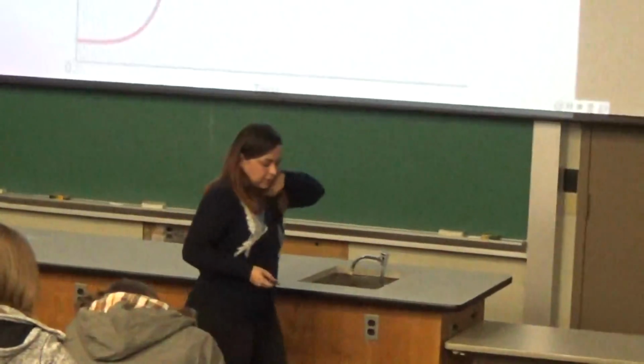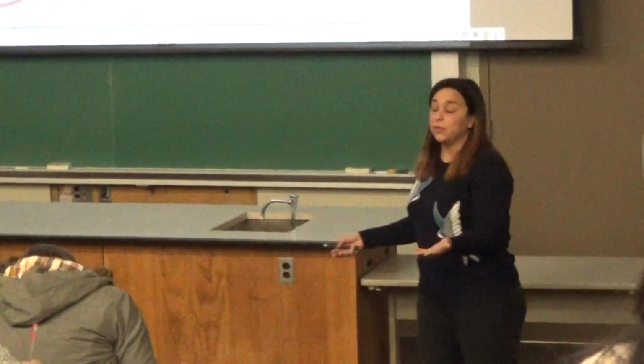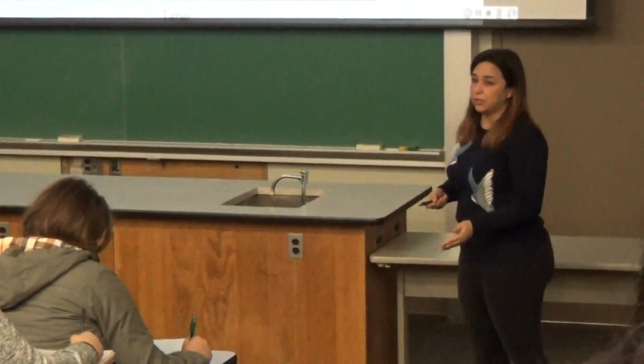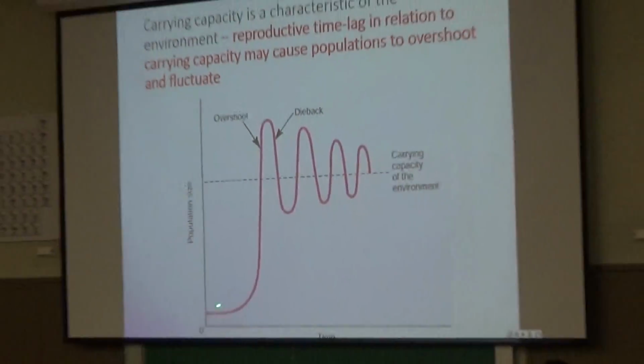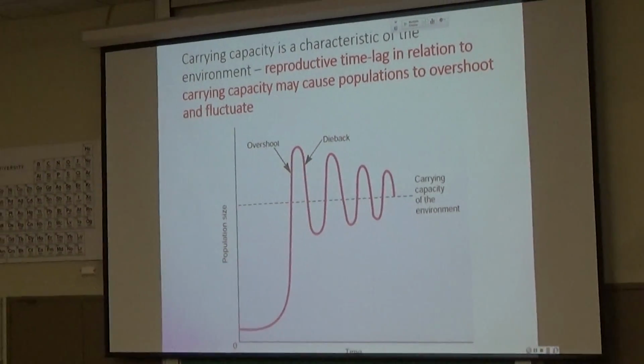So when we think about r and K strategies, when we think about life history strategies and the number of offspring that a given species will put in the environment at a given point in time, we can think that r strategies are more prone to overshoot their carrying capacity than K strategies are. Imagine that the population is growing, and in every generation those individuals are putting thousands of offspring out.